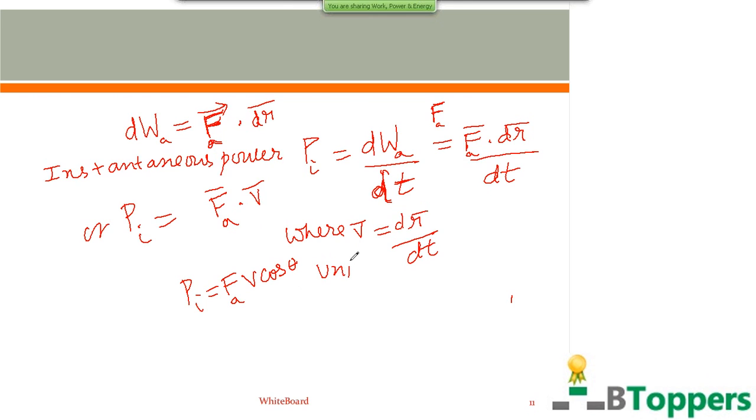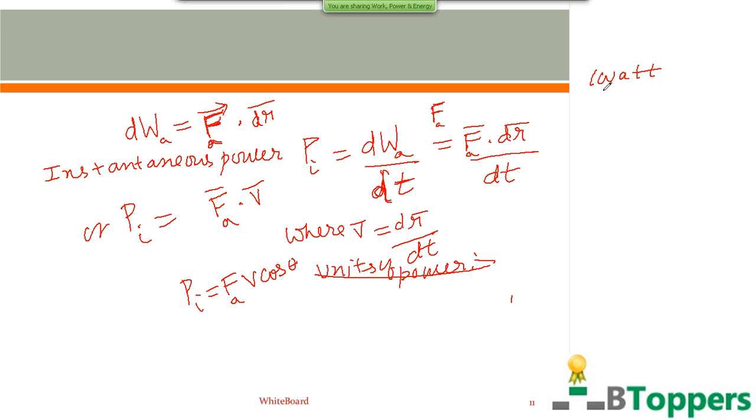You must be familiar with the units of power, as you might have studied in school. The unit of power in the SI system is named in honor of the scientist James Watt.